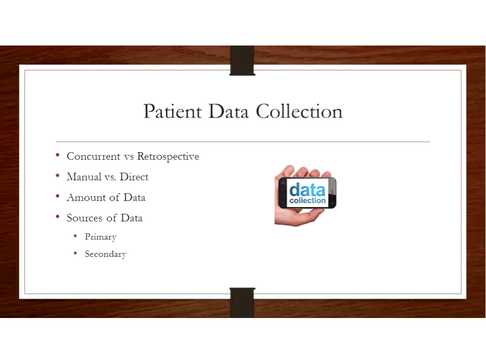So we take that information to identify trends and to determine what type of corrective actions we need to put into place. But again, where is the incident report information coming from? It's secondary information. It's not coming directly from patient treatment, therefore it's considered a secondary source.